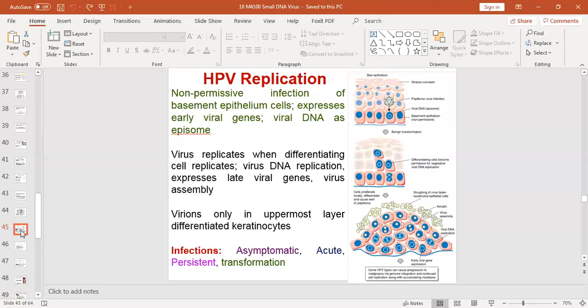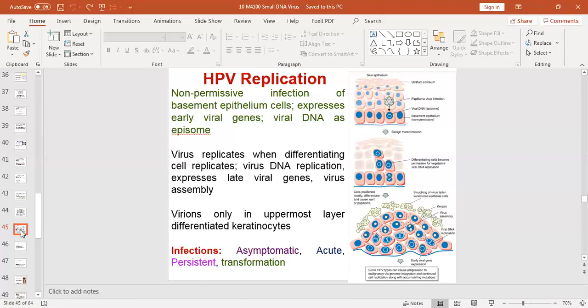Virus will be assembled. And we only see variants of viral particles in the uppermost layer of differentiated keratinocytes. You know, the top layer of the skin contains keratinocytes, those cells that contain keratin in them. And we see virions only in those differentiated keratinocytes in the uppermost layer of the skin.